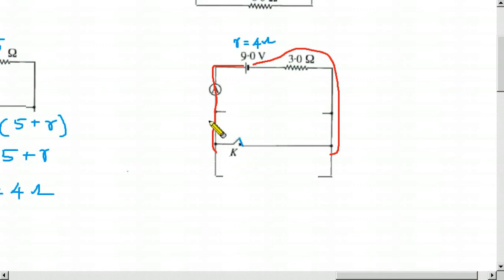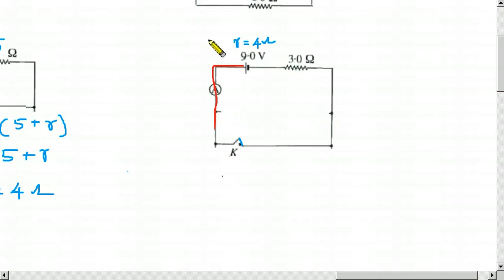What is the word we use for such an incident? Short circuit. The two resistors are being short circuited. When both ends of a resistor are connected by a conductor, it is called a short circuit.